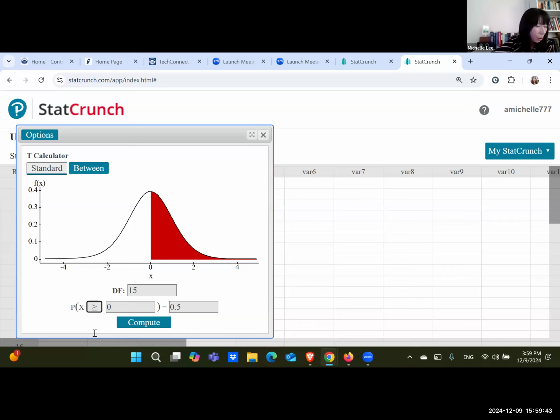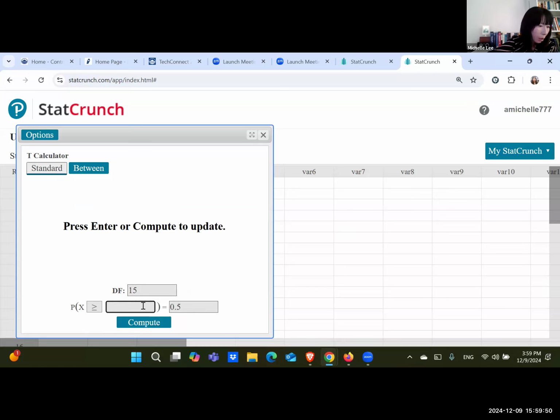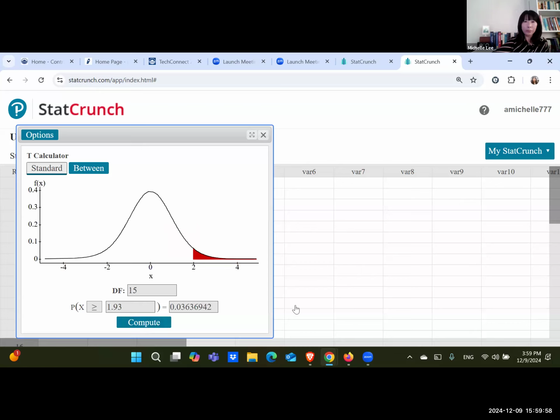And we want to know the p-value, the probability there. So that will be 1.39. Compute. They say 3 decimal places, so 0.036. Yeah, that's the p-value.